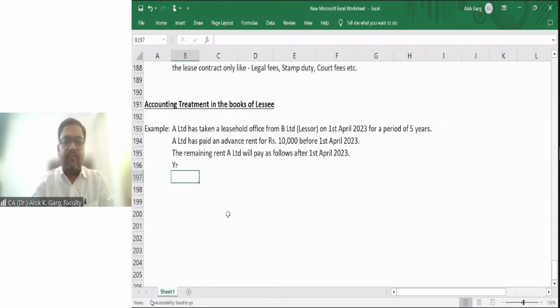Year 1, 2, 3, 4, 5, year end, amount 90,000 because 10,000 is already paid, 1 lakh.